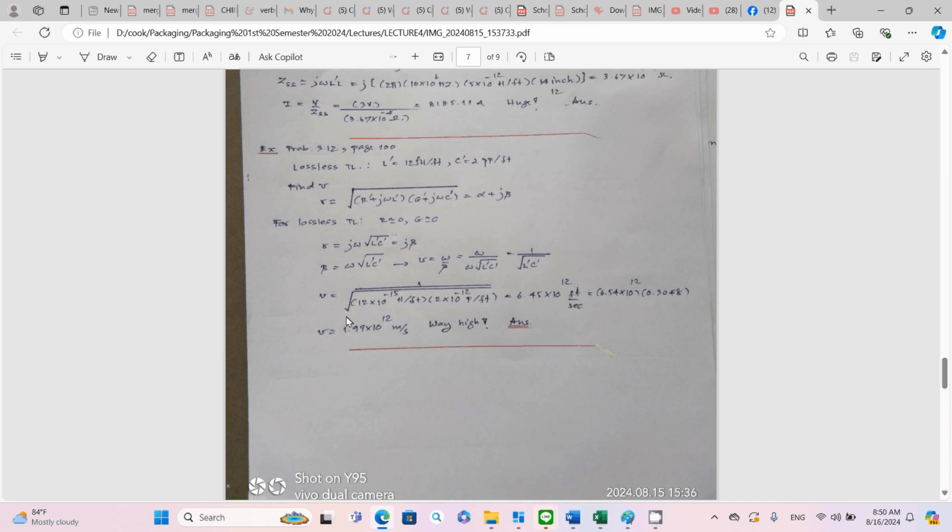Okay, and L prime given, C prime given, so you end up with a signal velocity of 1.99 times 10 to the 12 meters per second.